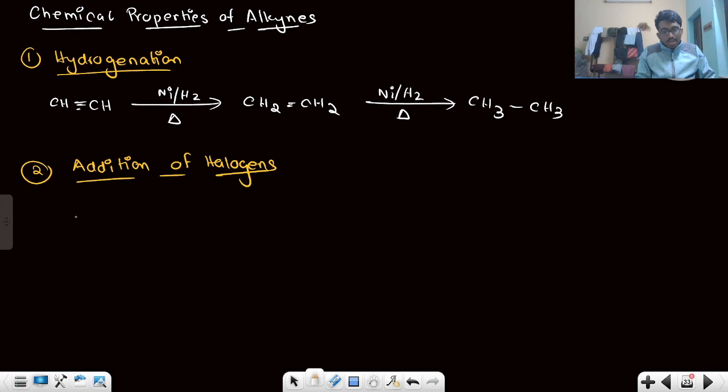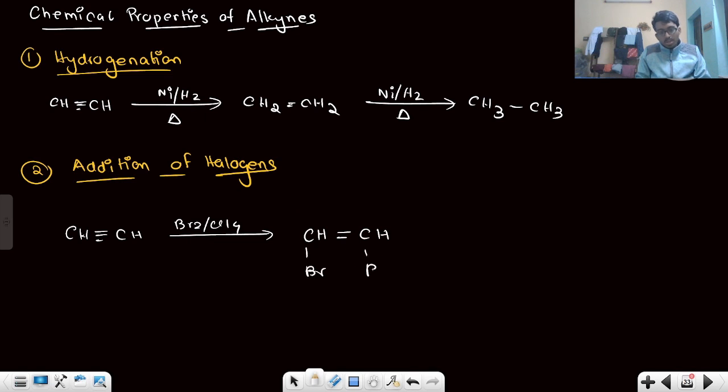Okay. So let us take CH triple bond CH and we are putting Br2 in CCl4. First step, one bond will break, so CH(Br) double bond CH(Br) with Br and Br added.